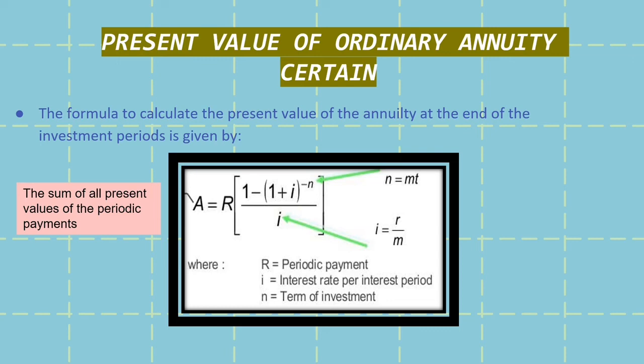When we multiply m with t we get n, and when we divide r by m we get i. So R here means periodic payment, i here is the interest rate per interest period, and n is the term of investment.